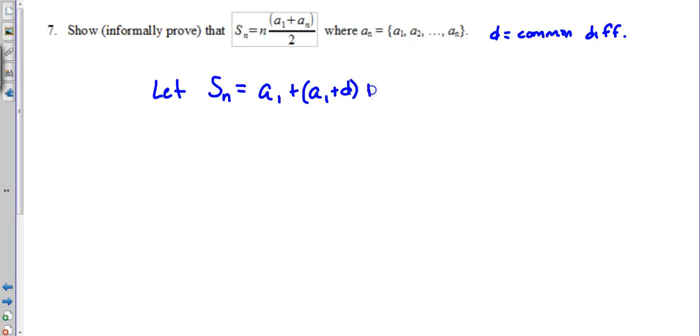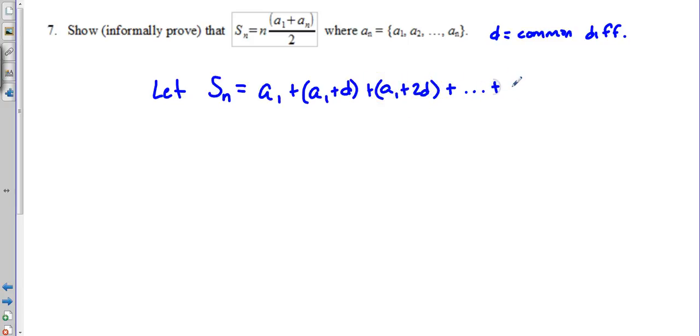All right? We can define the third term in a similar way. So a sub 1 plus, now we have to add two common differences to get to here. One common difference, two common differences. So we add two common differences. All right, and we're just going to continue to do this all the way down to the nth term. And notice, this is the second term here, but we're only adding one common difference. This is the third term, but we're adding two common differences.